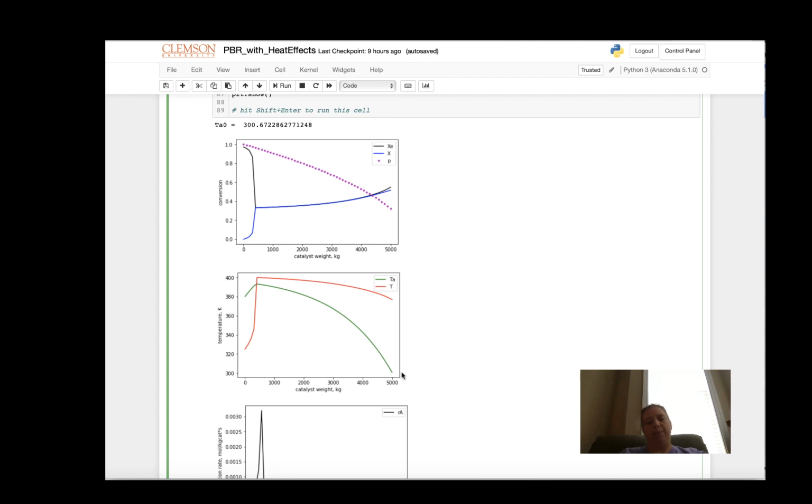This is because by the time the cooling fluid gets to this point, by the time it's exiting, it's become pretty hot because it's been cooling the reactor over the course of 5,000 kilograms of catalyst already. So its temperature has risen pretty dramatically. So it pretty ineffectively cools here at the beginning. The greater cooling is done here at the end, due to the fact that you're getting fresh coolant in.